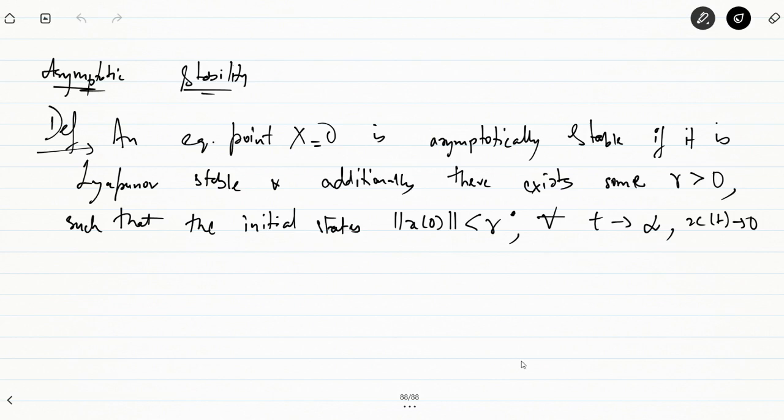Fine. As we discussed in linear systems, we discussed BIBO stability and asymptotic stability. We implied there also that BIBO stability does not always imply asymptotic stability. If a system is BIBO stable, it may or may not be asymptotically stable.